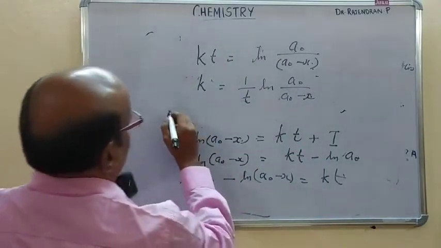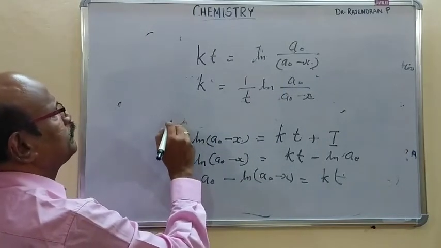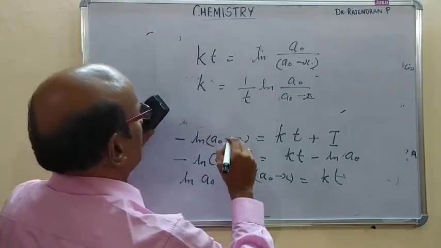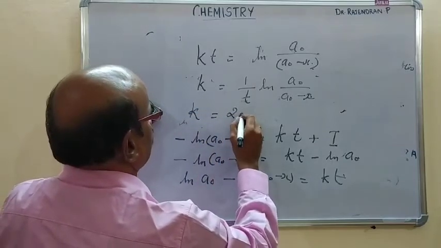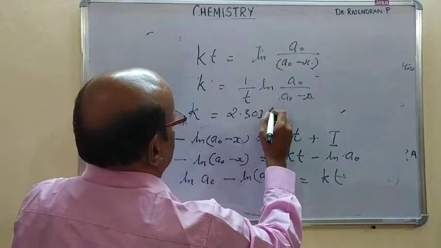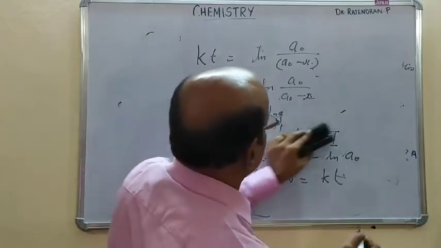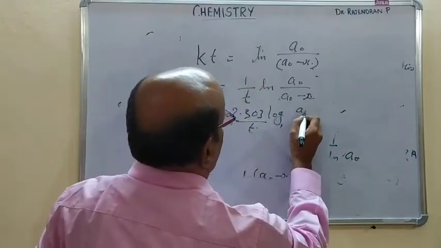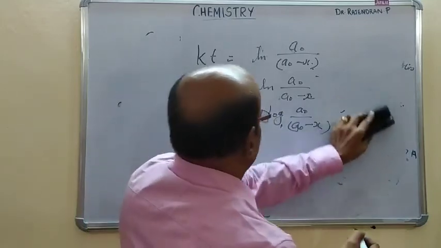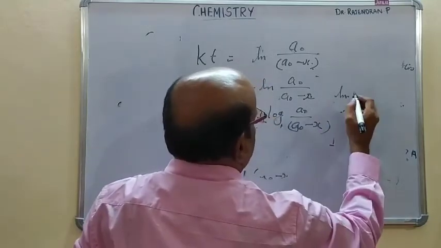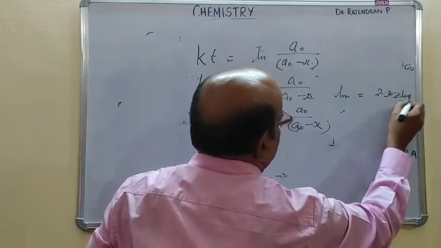Converting ln into logarithm, k is equal to 2.303 by t log A0 by A0 minus X, because all of you know ln is equal to 2.303 log.